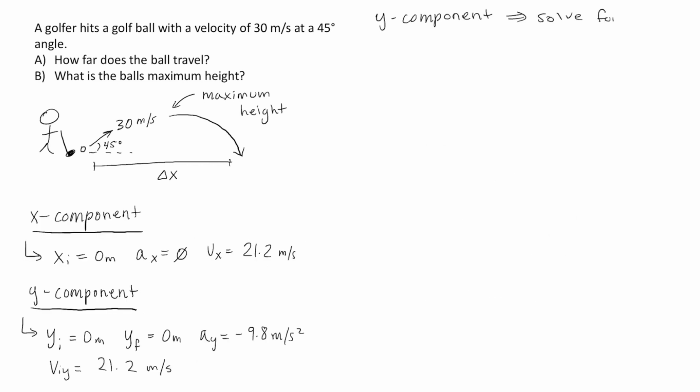Working with our y component, we know we have to solve for delta t. Since we are missing the final velocity for the y component, the only kinematic equation that we should use is the yf is equal to yi plus viy delta t plus 1/2 ay delta t squared equation.